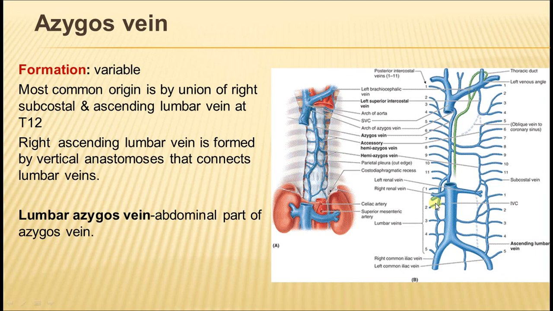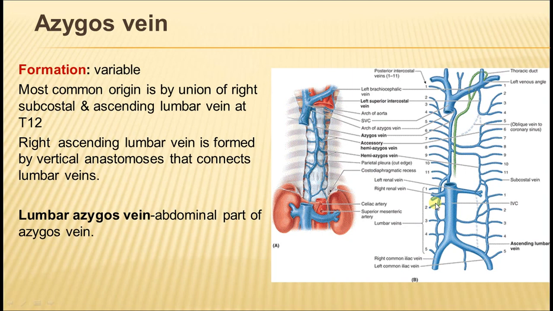Veins are more prone to variations, and any variation gains importance only when there is interference in its function. For example, the subcostal vein might drain separately, which is one common type of variation, instead of joining with the ascending lumbar vein.